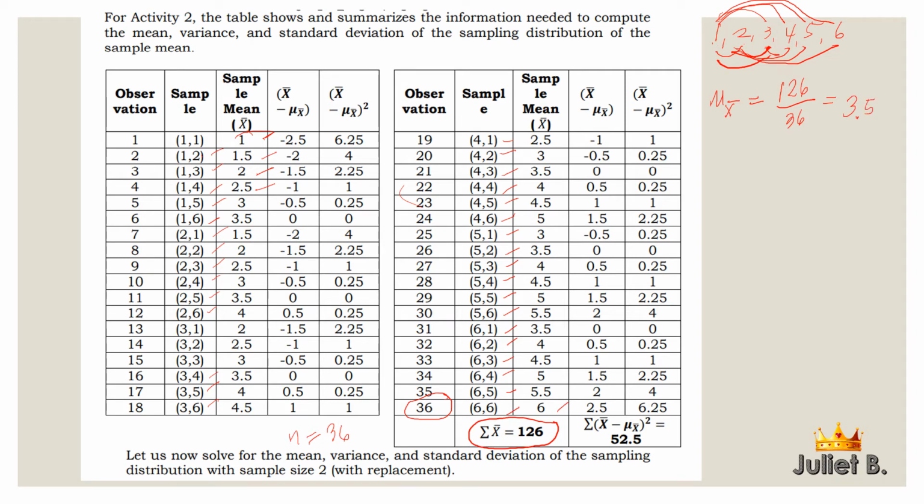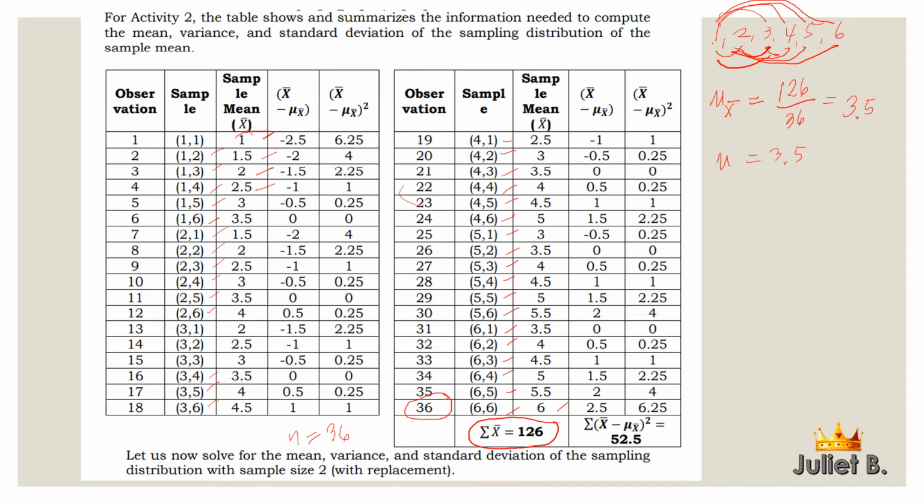Pansinin nyo, kanina sa population, ang nakuha nating mean ay 3.5. Parehas sila, di ba? Kasi under the property of sampling distribution of the sample mean, kung ano man ang mean ng population, parehas ang mean niya, parehas din sa mean ng sampling distribution.